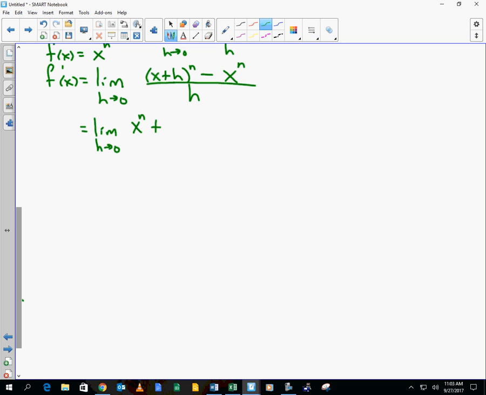That's what you're thinking, right? Yeah. And now, oh, hold on, you brought an h up there. As I move along, what's going to happen to the x's? It's going to reduce by 1, so I'll have x to the n minus 1, and I'll pick up an h.